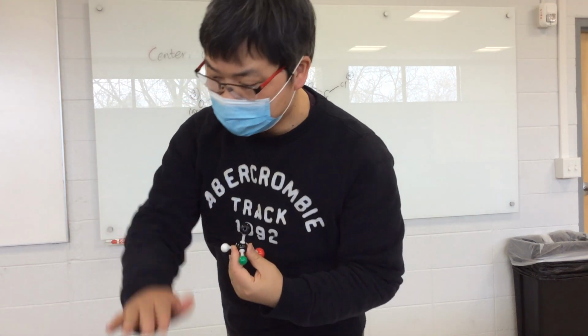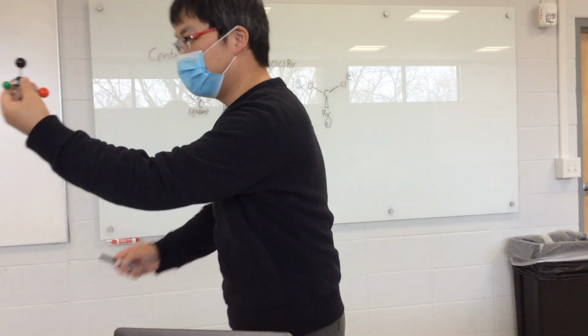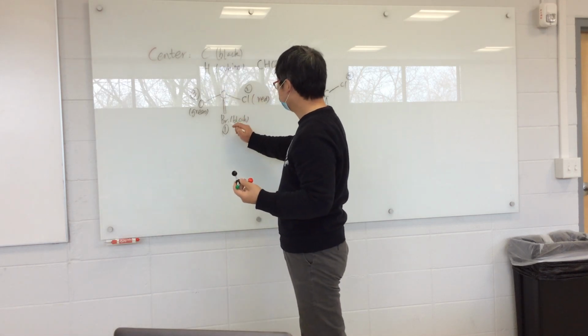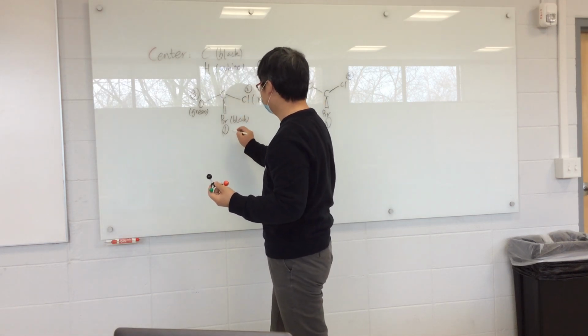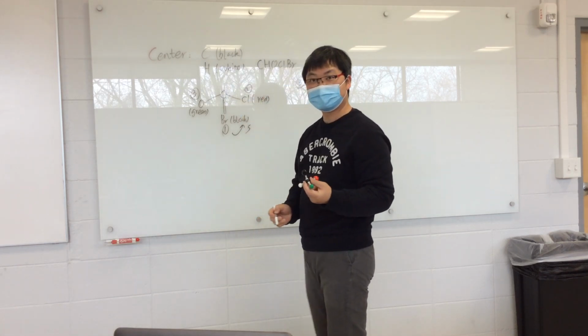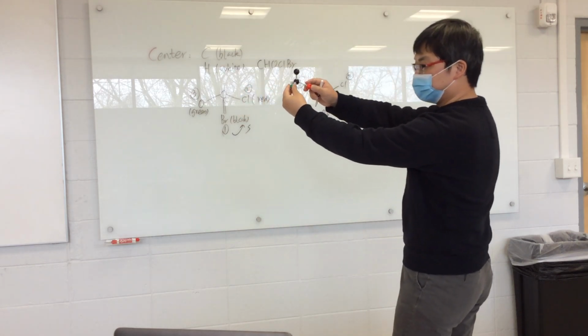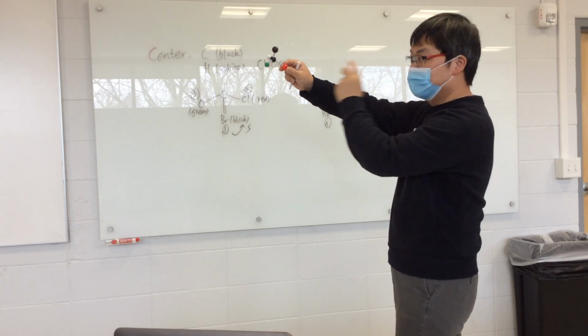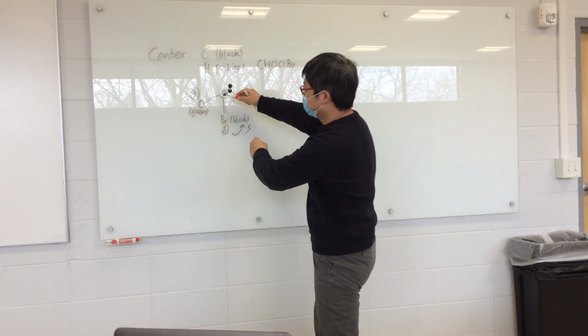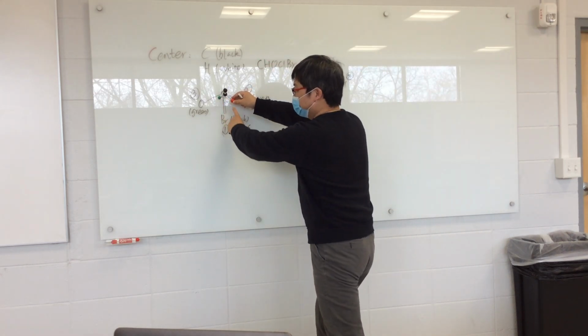If you're not familiar with this kind of configuration, you may say, oh, this is 1, 2, 3. You get S, right? But if you have this picture in your mind, these two bonds are bending down.